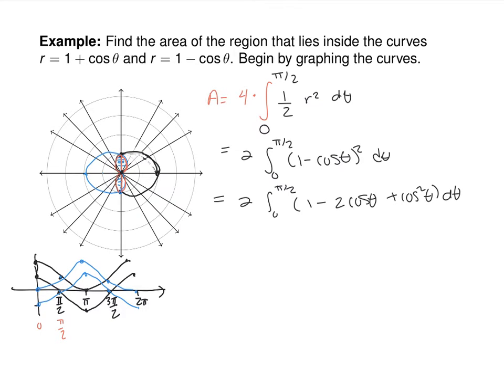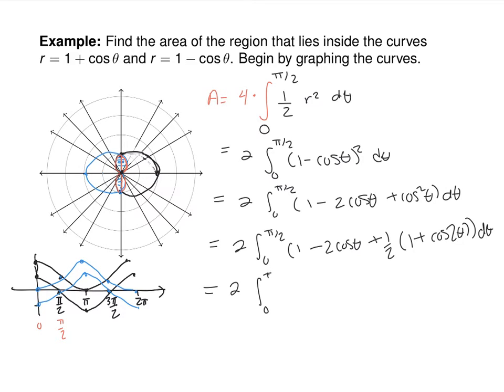And if you didn't know your half angle, double angle identities, you're going to have to learn them by the end of this lesson because they come up so often. So 1 minus 2 cosine of theta plus 1/2, 1 plus cosine of 2 theta. And just combining like terms before I go off and anti-differentiate, that 1 plus that 1/2 will be 3/2.